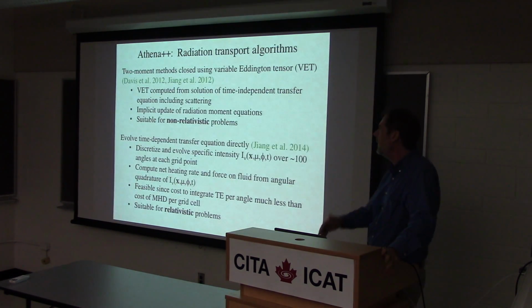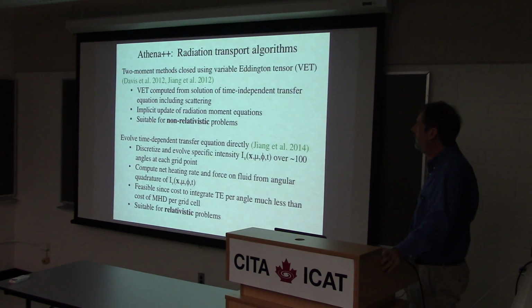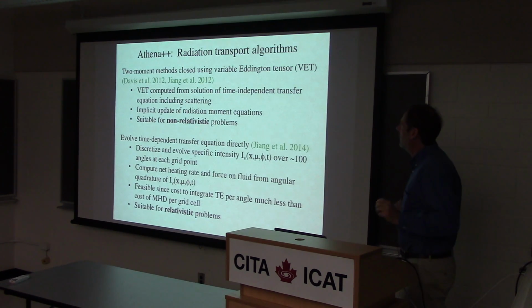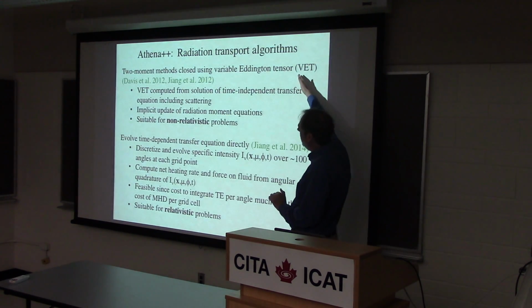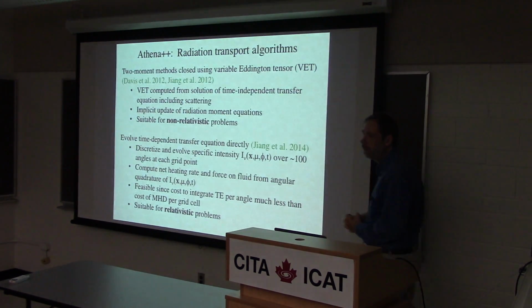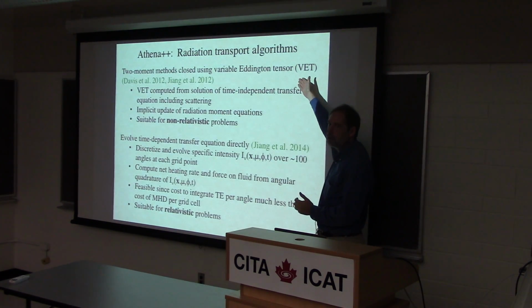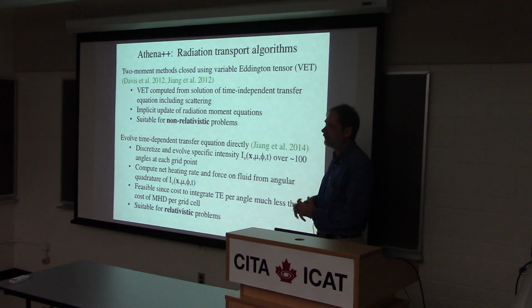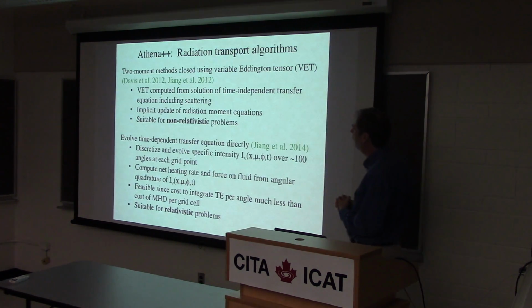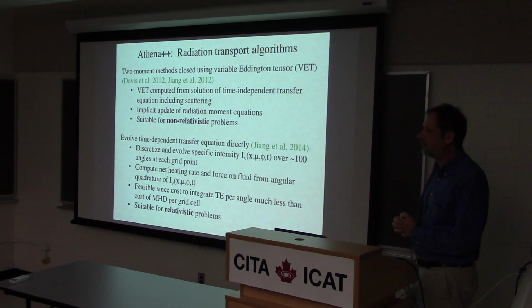The most important aspect of the code for this talk is the radiation transport algorithm. We're using the so-called variable Eddington tensor approach to close the moment equations. The variable Eddington tensor is the closure relationship between the radiation pressure and the radiation energy density. But rather than being assumed, it's computed directly from a solution of the time-independent transfer equation.